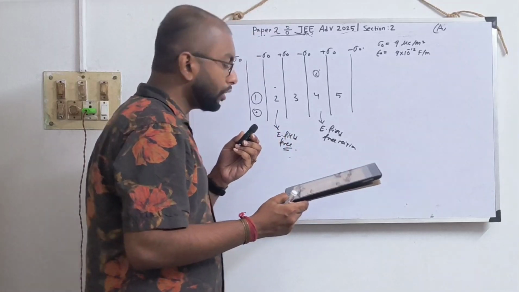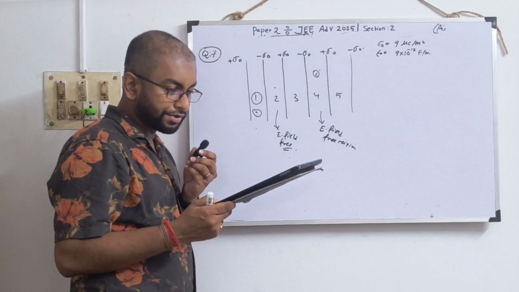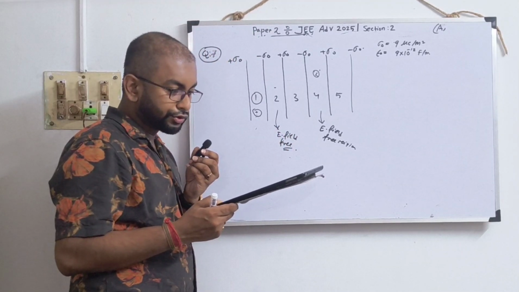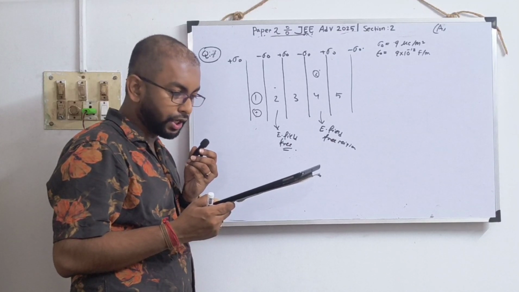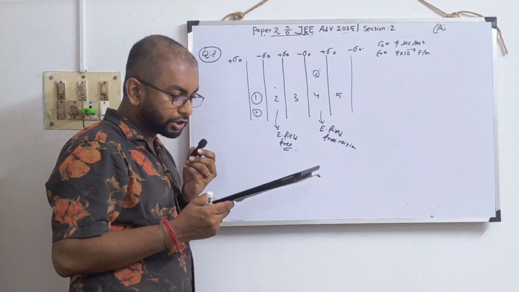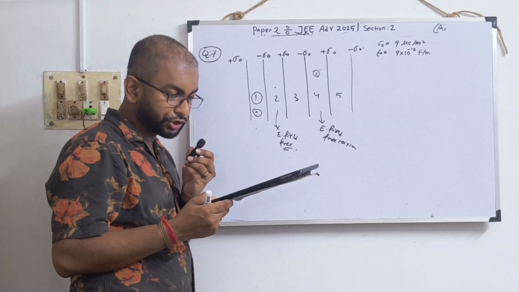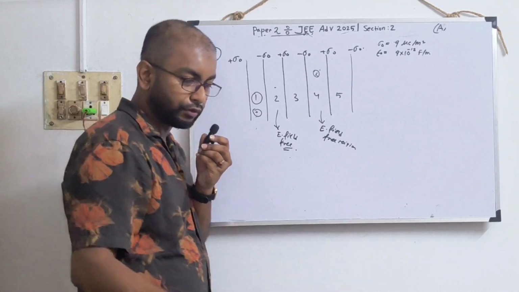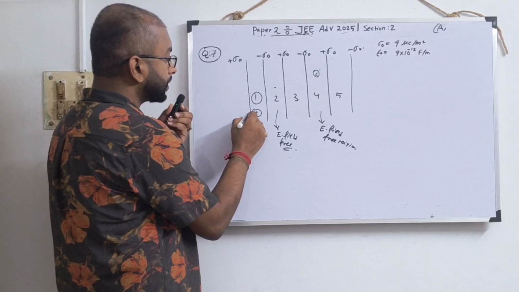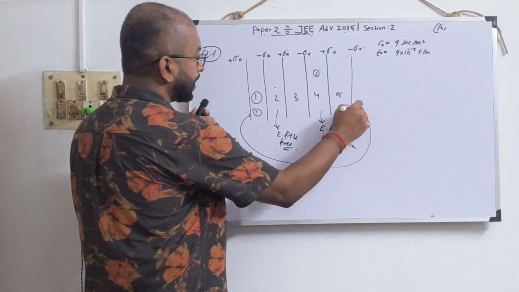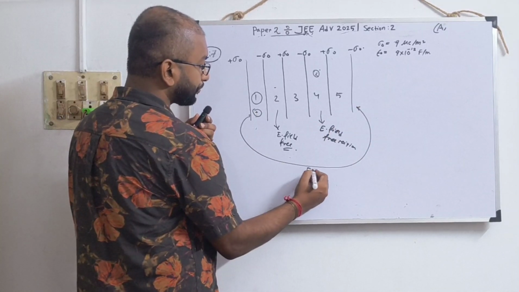So let us now study option number C, because that is also related to the configuration number 1, because configuration 2 will study later. So potential difference between the first and the last sheets of the configuration 1 is 5 volt. So they are telling that the potential difference between this plate and this plate is 5 volt.